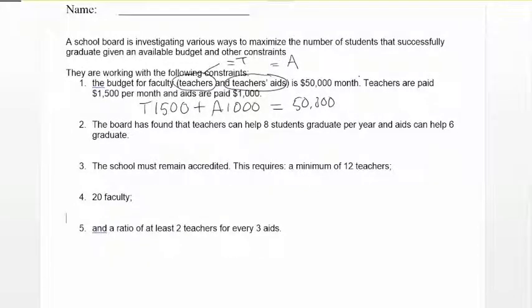The second constraint is the thing that we want to maximize: teachers can help 8 students graduate a year and aides can help 6 students graduate per year.